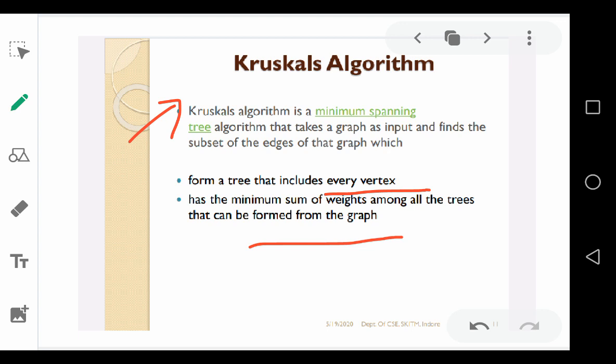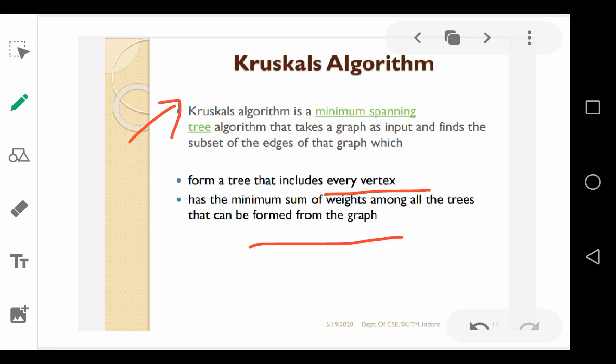It was first proposed by Joseph Kruskal. With the help of Kruskal's algorithm, we are finding the minimum cost edge, minimum weight, used for finding the minimum spanning tree.